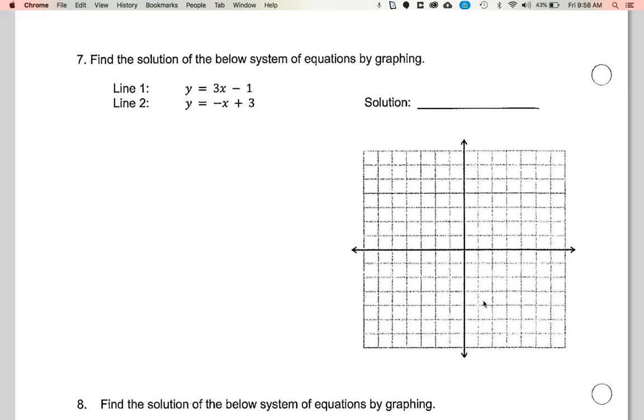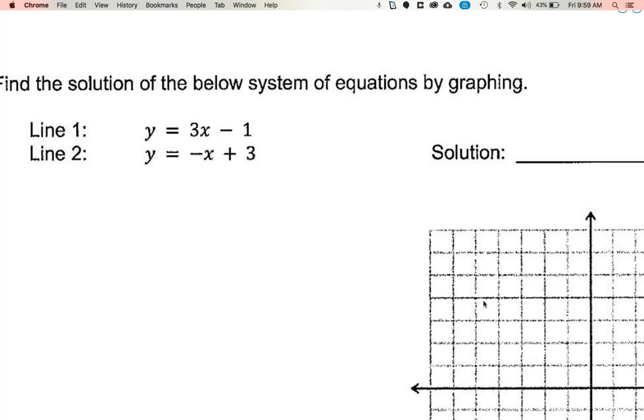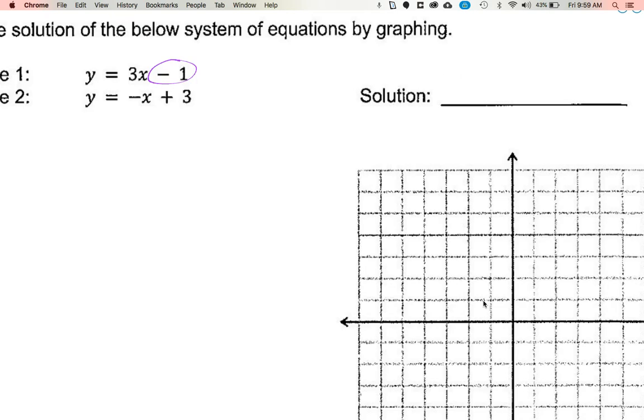All right, number 7, graphing. Again, I'm not sure with this question how it's going to be presented, such as multiple choice or fill in the blank or matching, but we'll just go over the idea of what I'm looking for here. So I'm going to start the first one at -1.